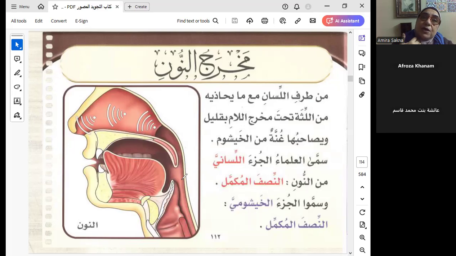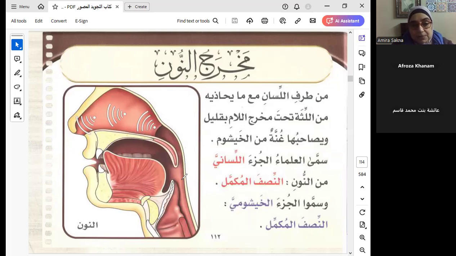We apply the clear noon rule because the articulation points of those 6 letters are so far away from the articulation point of the noon, which is here, the tip of the tongue. That's why it's easy to pronounce clearly. The problem began when the articulation points are so near, or some characteristics are shared between them. But if they are so far away, we always have the izhar rule.